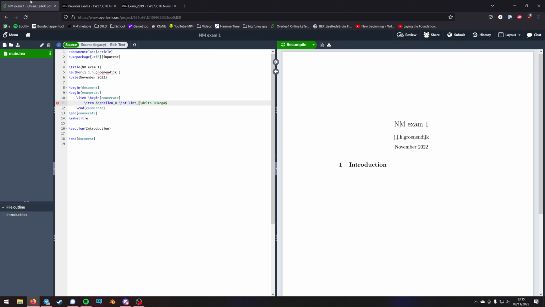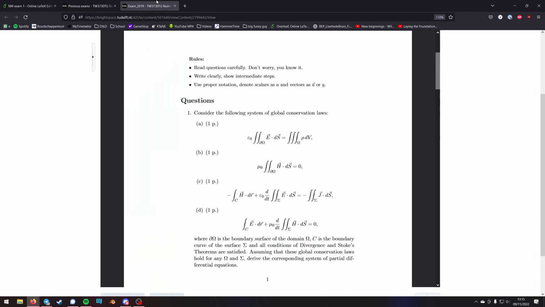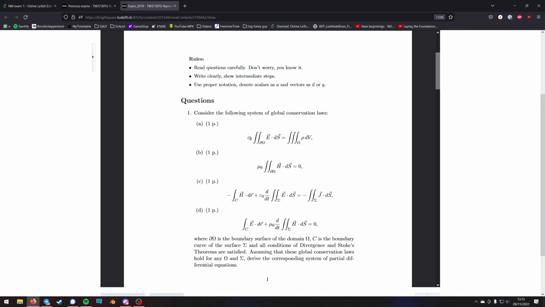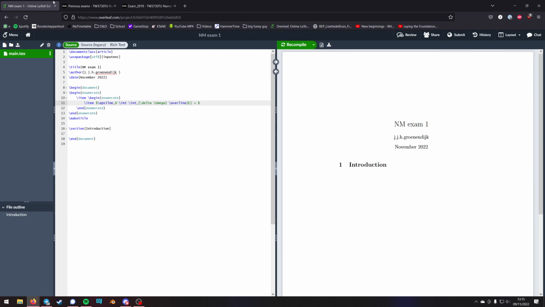So this is a double integral, so a 2D integral, you could say, over the boundary. So it's an integral in 2 dimensions over a boundary of a vector E, whatever that may mean, times a constant. And that is the same as an integral over the entire volume of rho, whatever rho is.